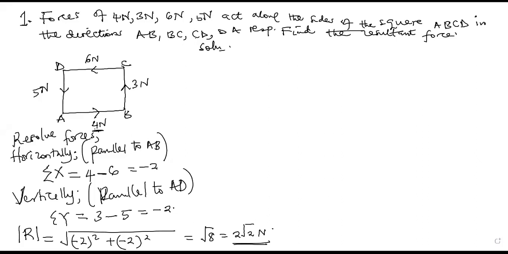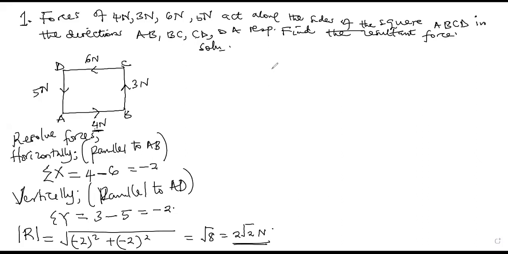Okay, so I think after getting this, every person can get the direction. And if we have to get the direction together, you need to note the directions of these horizontal forces and vertical forces.